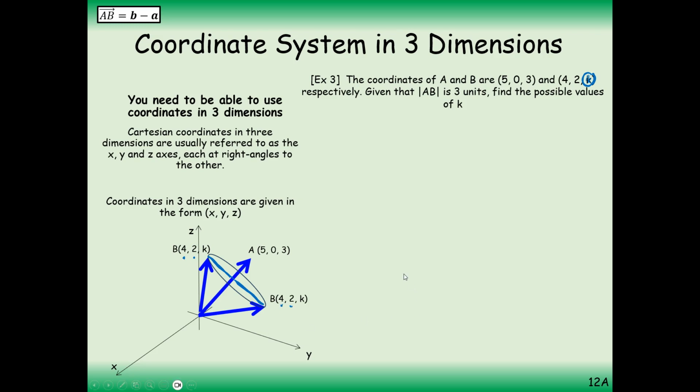How can we do this? Well, we're going to take the absolute sign, or the magnitude, that is 3 units, and work backwards from it. We're going to build the formula in reverse. We know how to find the vector A to B, just like we did in the previous example.